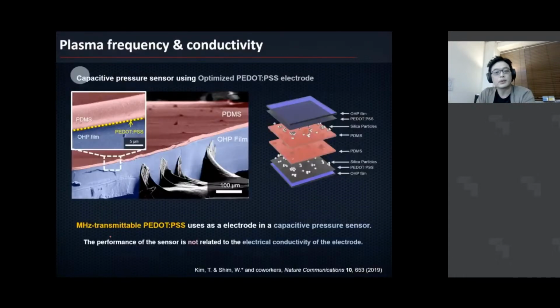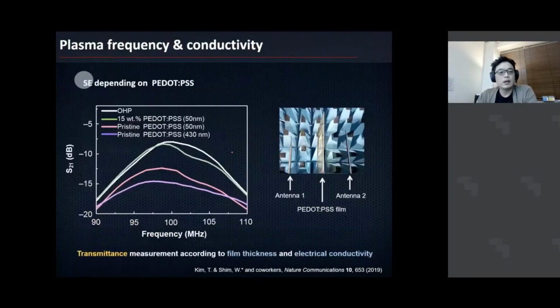So here's the scheme. We make a capacitive sensor, which is a touch sensor once again, and then confirm your electromagnetic wave at the frequency of 100 megahertz, which is on the order of 10^8 hertz. It's very transparent, even though you used conducting material, just like an insulator.